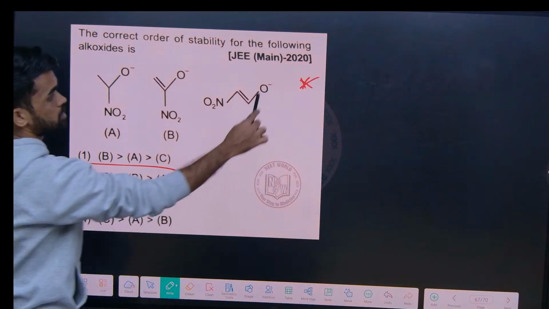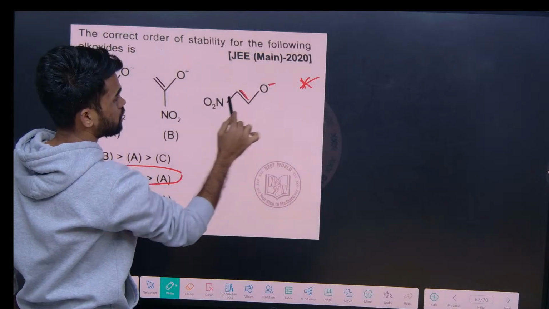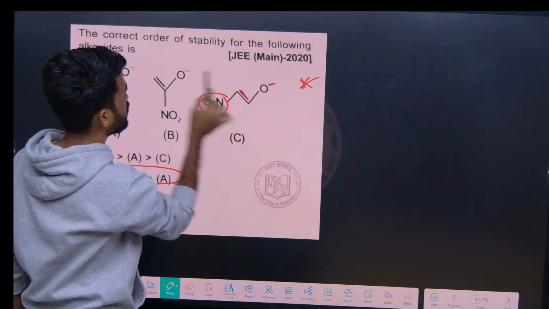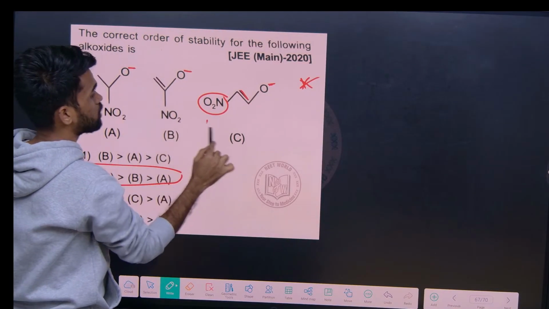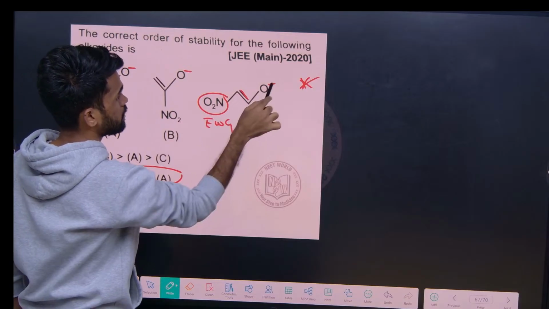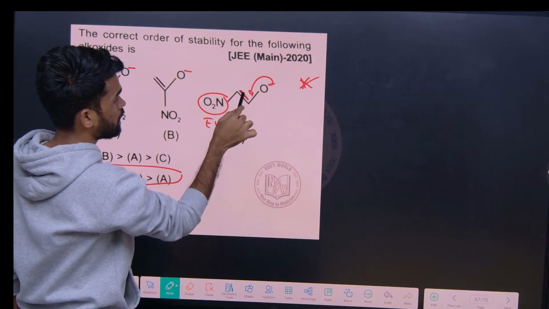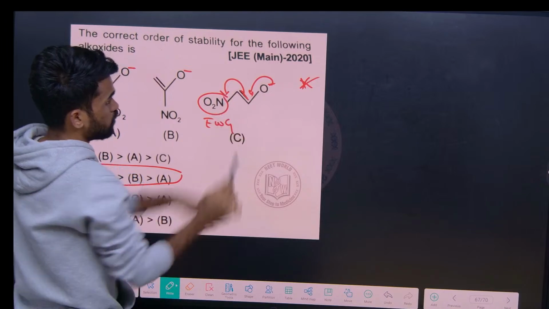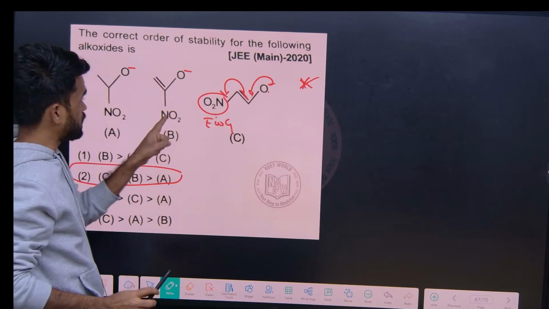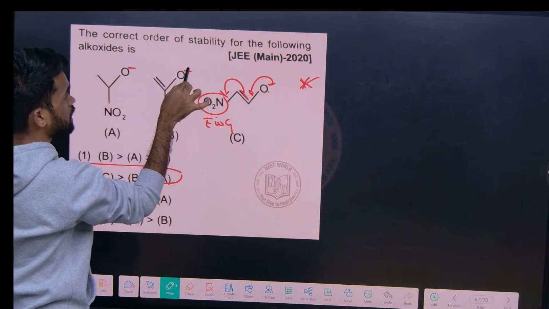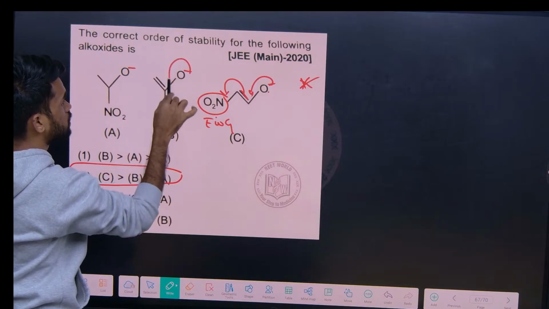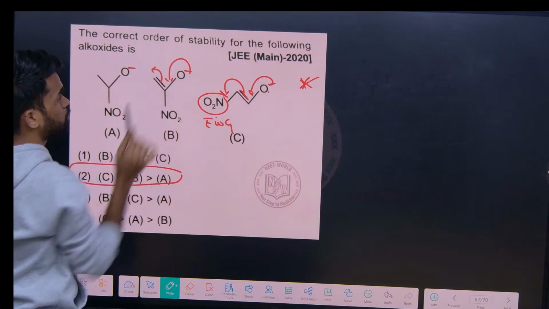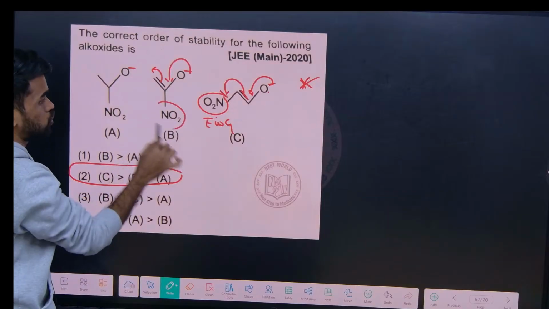See, negative charge, pi bond, nitro group. Negative charges will be stabilized when there is an electron withdrawing group. See, here we have an electron withdrawing group and the conjugation is continuous from oxygen to the nitro group. But in this case, this negative charge is in conjugation with this pi bond, not with the nitro group.